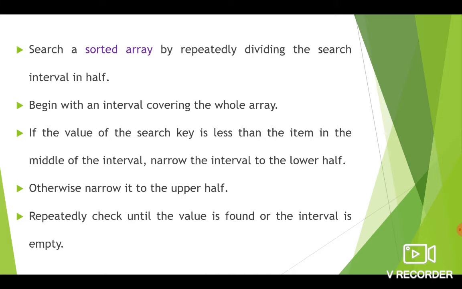If the value of the search key is greater than the item in the middle of the interval, then you narrow the interval to the upper half. This process is repeated until the element is found or the interval is empty.